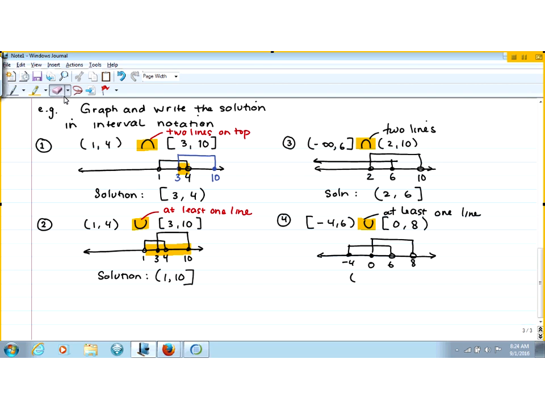Negative 4. Did you close the bracket? Yes. Negative 4, 2, 8. So it's this one, and then this one is this one, right? Are we okay so far? So you know the difference between intersection and union. Am I right?